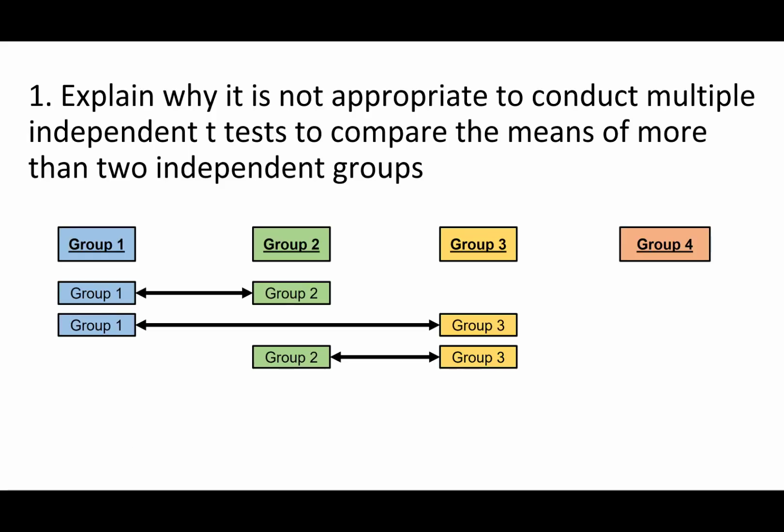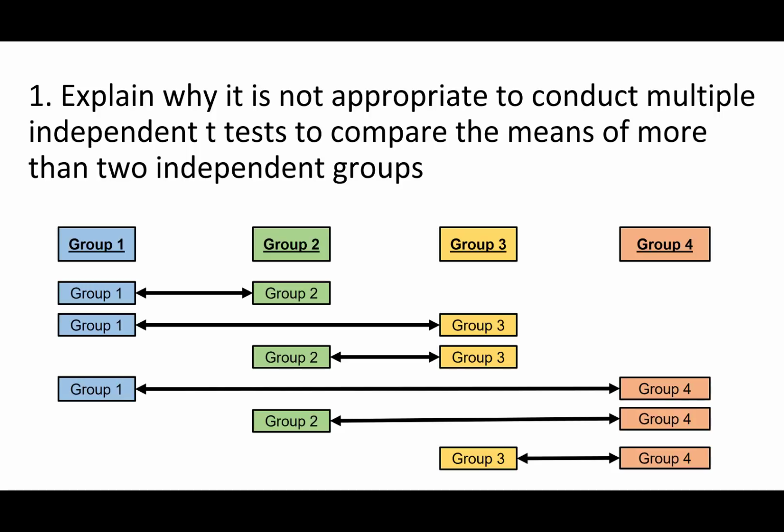If we had 4 groups, we would need to do 6 independent means t-tests. The more groups we have, the more comparisons we need to do, and the greater the chance of making a type 1 error. Again, the overall alpha level will be well over 0.05.